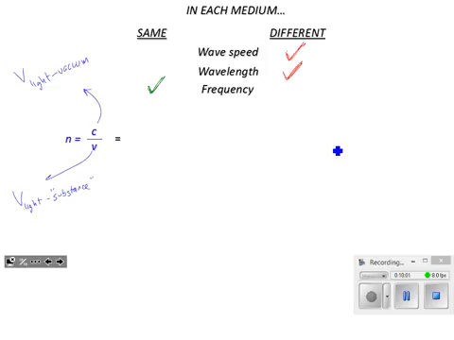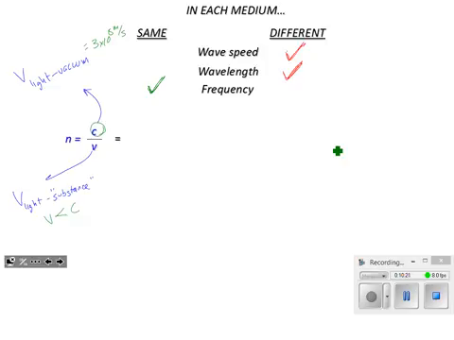A couple things we know. One is this speed of light in a vacuum is what we call c, and that's 3 times 10 to the 8th meters per second. v, the speed of light in a substance, is always less than c. Always, always, always.